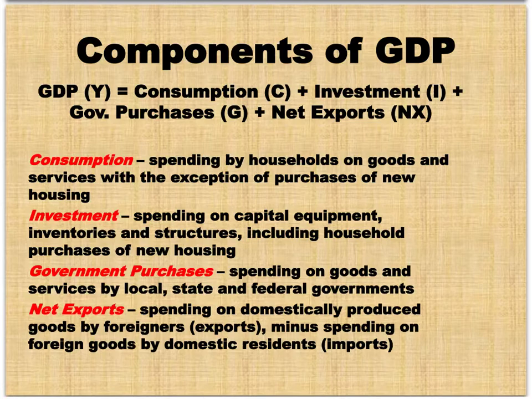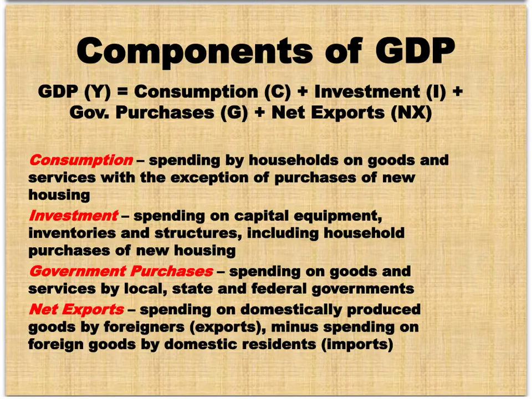Investment is spending on capital equipment, usually by businesses. They're buying robots, building factories, and a new house is really a piece of capital to provide a household with the service of housing. So we include that. Also, inventories, as I mentioned, if you're stockpiling an intermediate good for future use, we'll include that as investment as well. Number three, government purchases, spending on goods and services by, importantly, local, state, and federal governments.